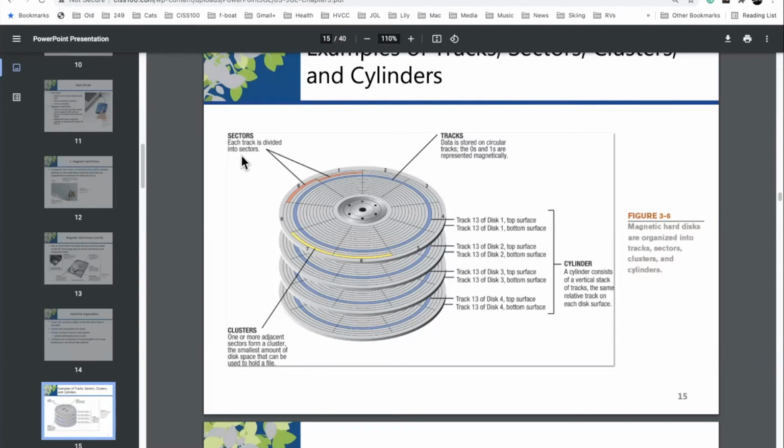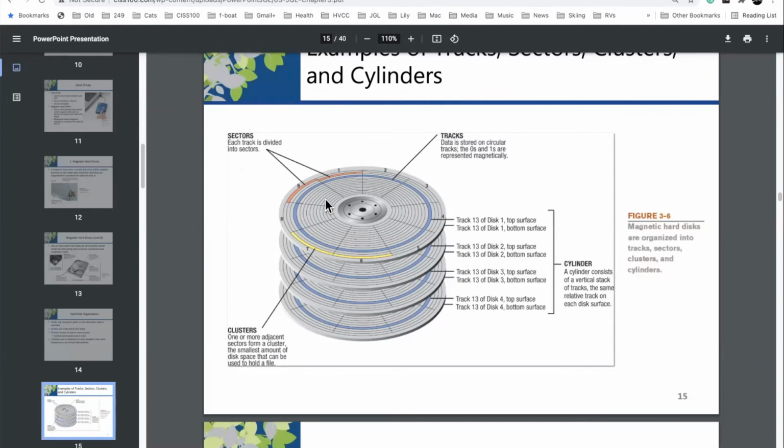Now, really, a sector is the smallest addressable space on a hard drive, and it will be comprised of 512 bytes. But with the size of today's hard drives, it's difficult to maintain the address space if you're addressing each individual sector. With terabyte drives, divide that by 512 bytes, and the number of addresses you have is enormous.